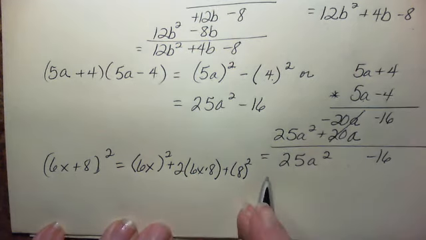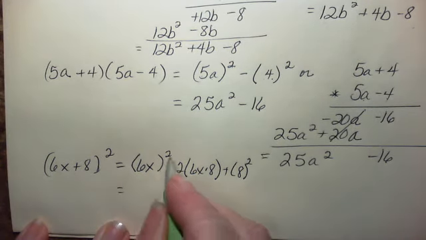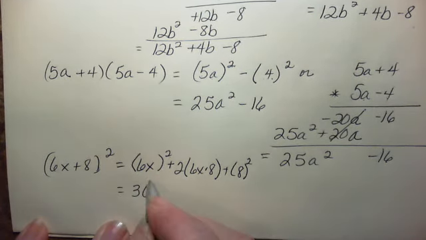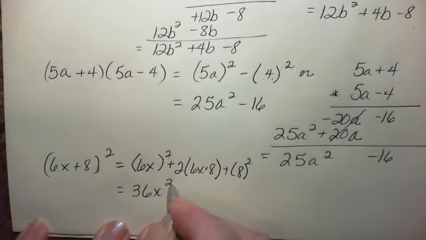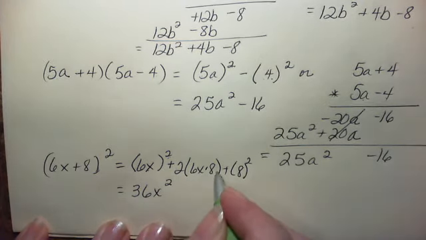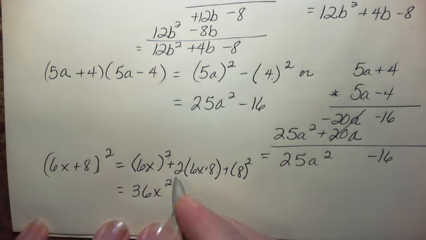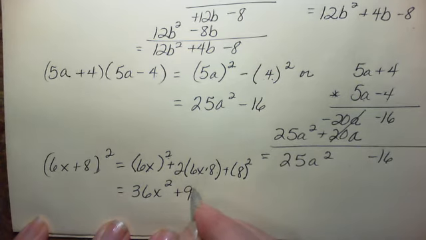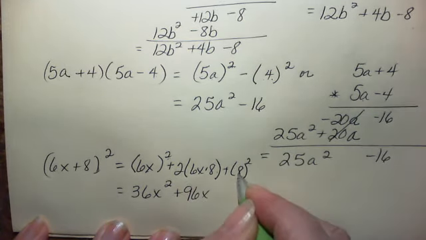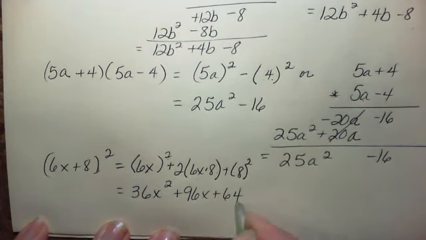By the pattern, this turns out to be square the 6 for 36, square the x for x squared, multiply 6x times 8 for 48x times 2 for plus 96x, and then square 8 for 64.